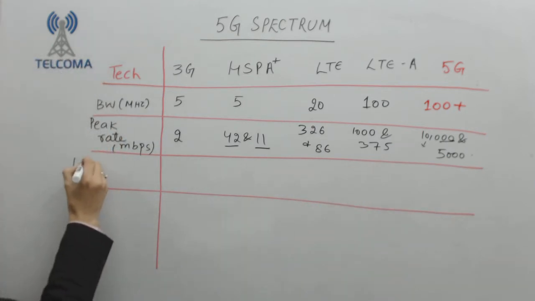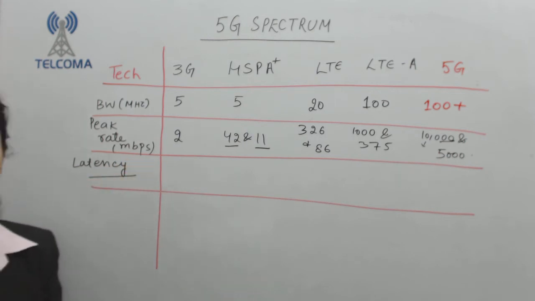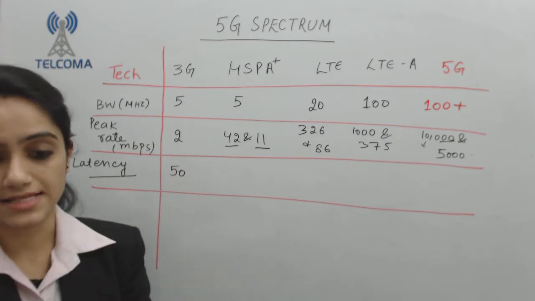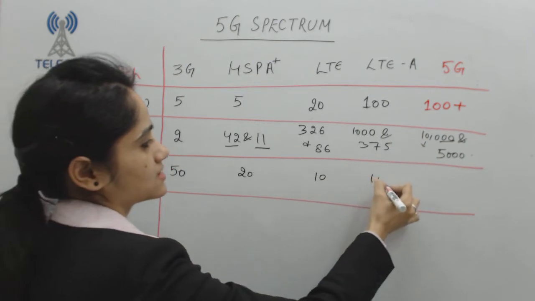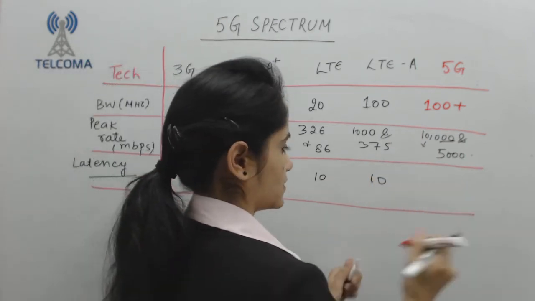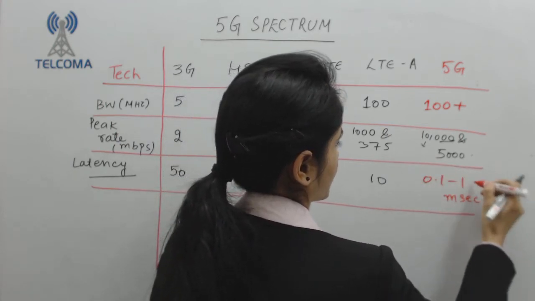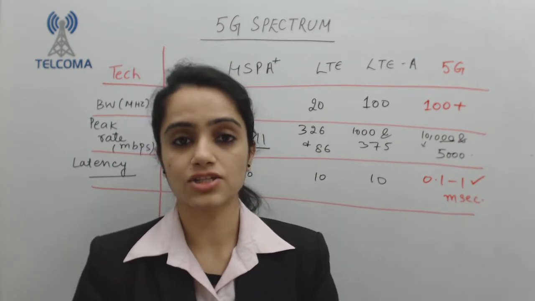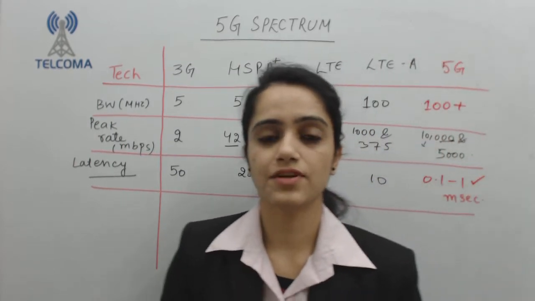Now coming to the third factor, which is the latency in the network. That means the time taken to interact. So we have 50, this is in milliseconds. Then we have 20. After that we have 10, the same, 10 milliseconds as latency. Now we are achieving towards 0.1 to 1 milliseconds, because as we are moving into the 5th generation, we demand technologies like virtual reality and self-driven cars.